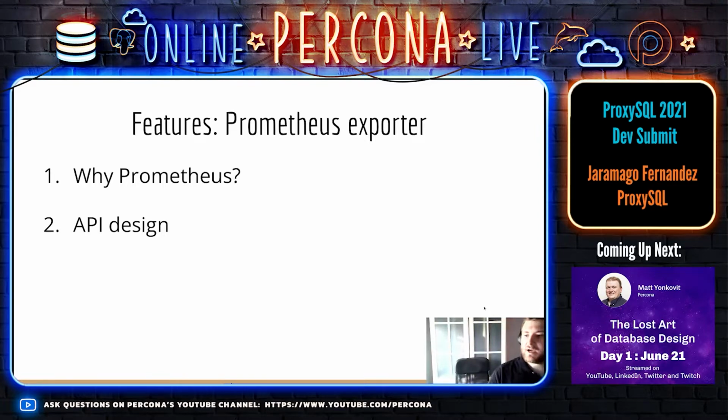This means that each ProxySQL module should contain the metrics definitions that are exposed from that module. These metrics definitions contained in these maps are later used during the initialization of the module itself to create arrays that hold the metrics objects, the Prometheus metrics objects. These objects are the ones used to expose the metrics through the exporter.